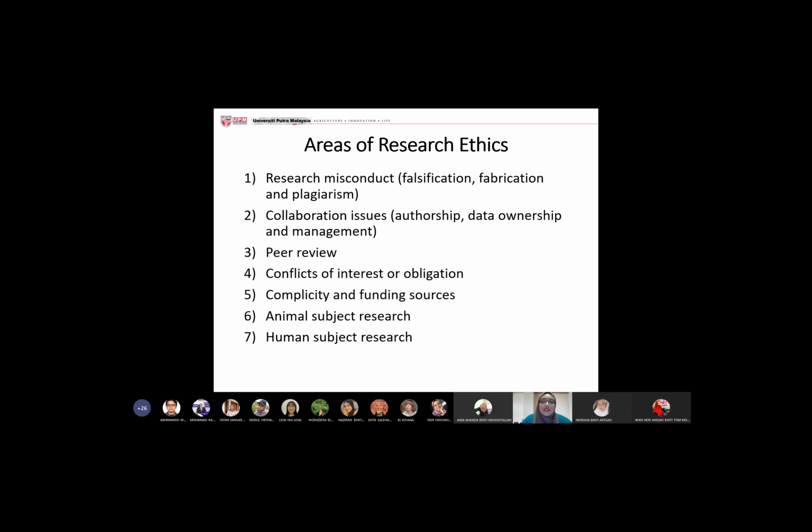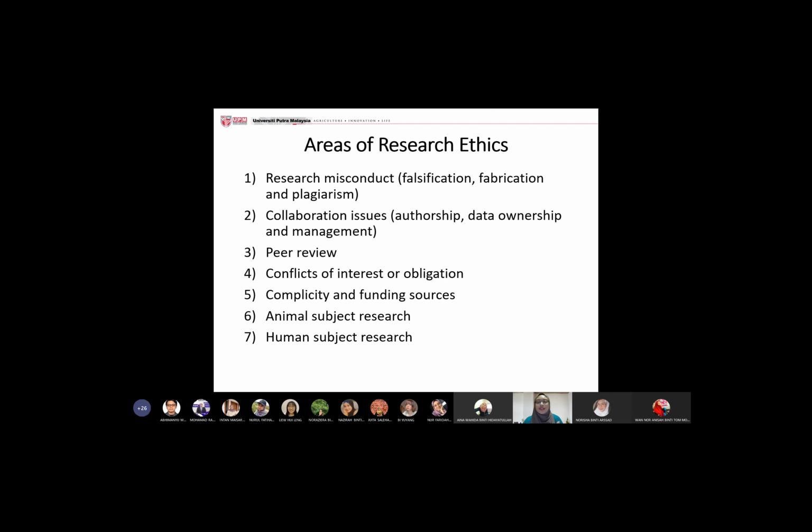We look very briefly at areas of research ethics, okay, but in the interest of time and also because a lot of this does not really relate to you at this level, we will only go through the first two. We have research misconduct. This is what I mentioned before about falsification, fabrication and plagiarism, and a little bit on collaboration issues.